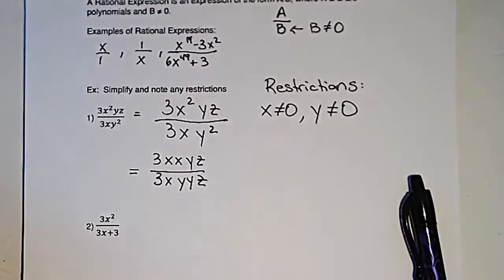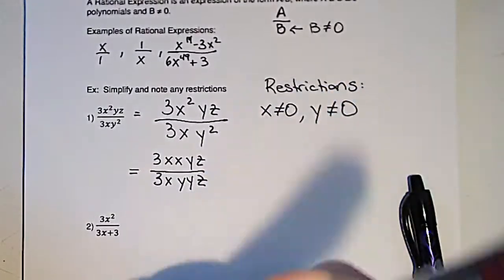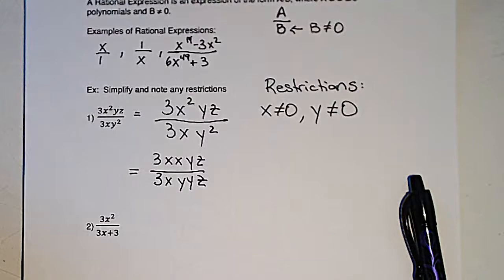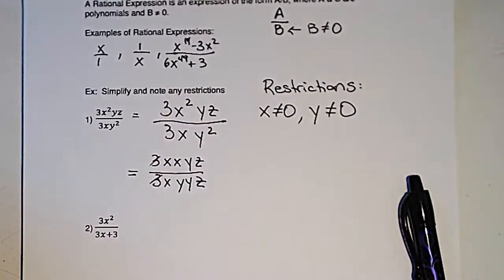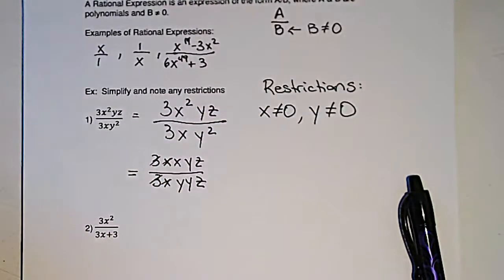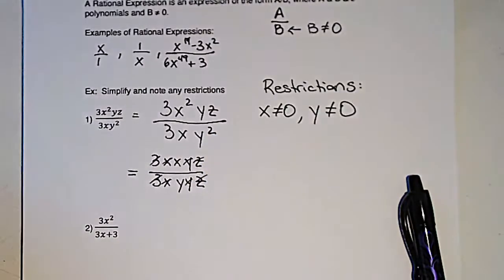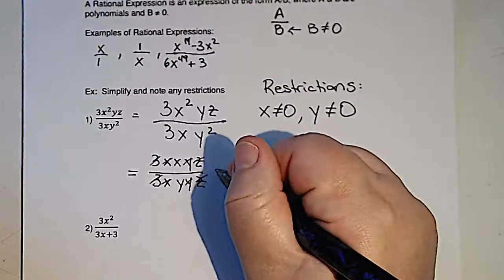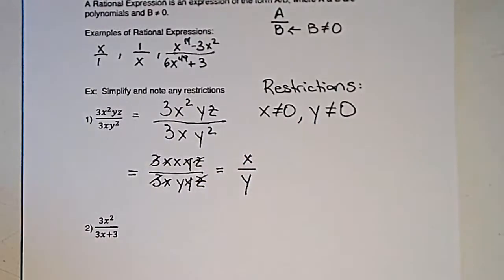I specially order these because they look closer to blood than the usual red pen. Interestingly enough, I'm all out. Here we go. Endless supply of these G2s. Love them. 3, cancel. Oh, it doesn't show up as red. Oh, well. X, cancel. Y, cancel. Z, cancel. Basically, everybody cancels except for an x on top and a y on the bottom.